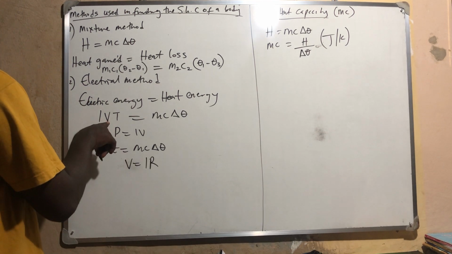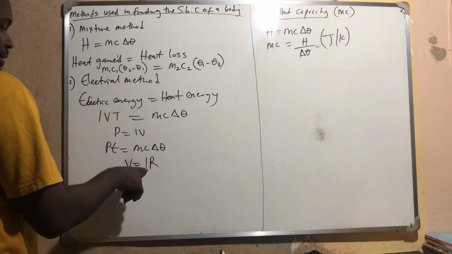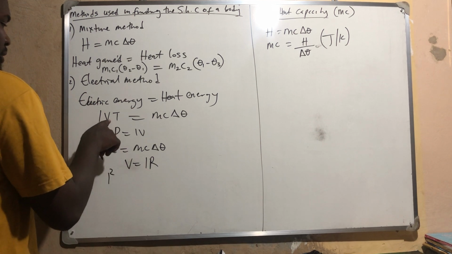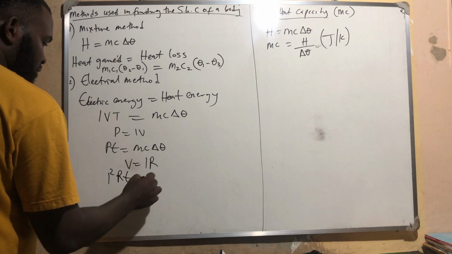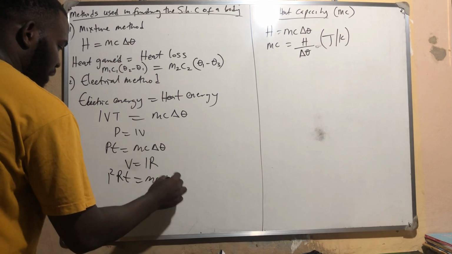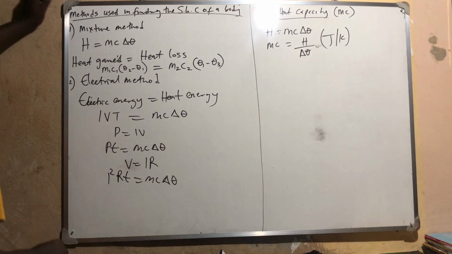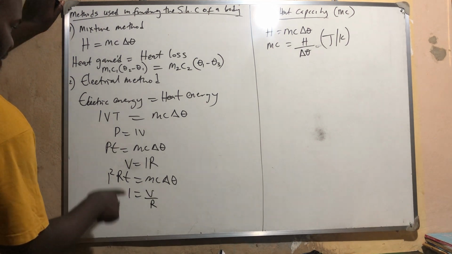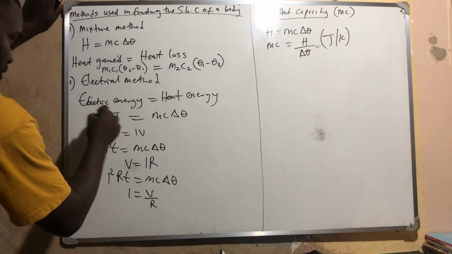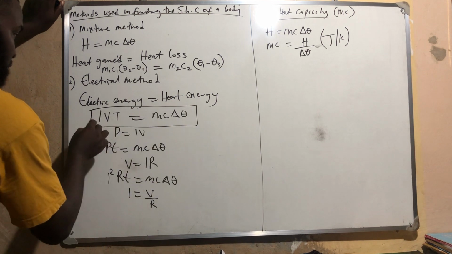So if I represent V with IR, I'll have I squared R T is equal to MC change in temperature. Don't forget again that my I is equal to V over R. This is the main formula.